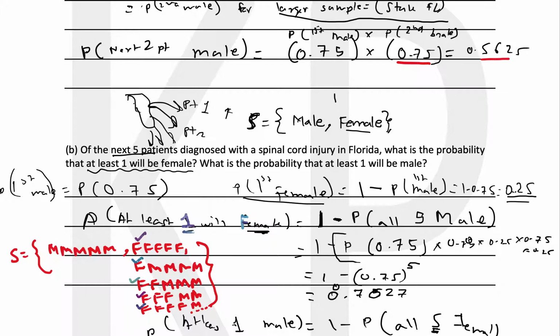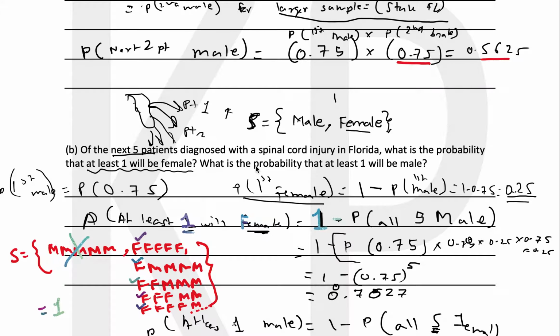So right away this is the only event that will not be of interest in this particular probability, but the rest you will be interested in. You know that the total sample space constitutes 1, because that is the total probability. That is why you're going to subtract from 1 the probability of getting all 5 male.